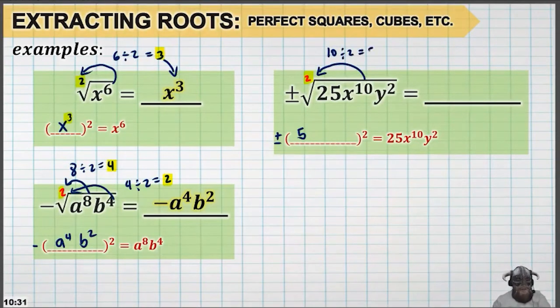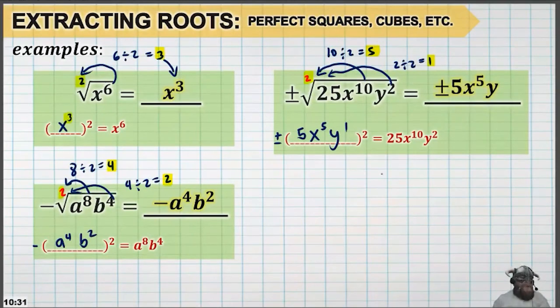So, this will be x raised to 5. Then, y squared. So, 2 divided by 2. This will be equal to 1. So, magiging y raised to 1. Eh, di ba kapag 1, kahit hindi na natin ilagay, so, pwede na natin sa final answer natin, ito yung magiging itsura niya. Positive, negative 5, x raised to 5 times y. So, very good, Darren and Mervin.